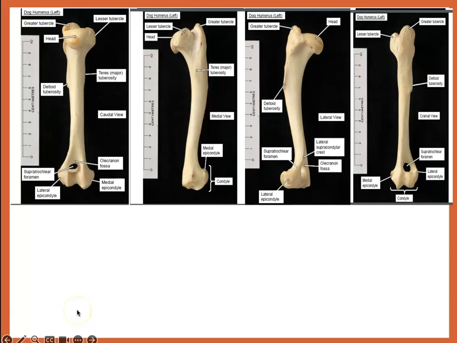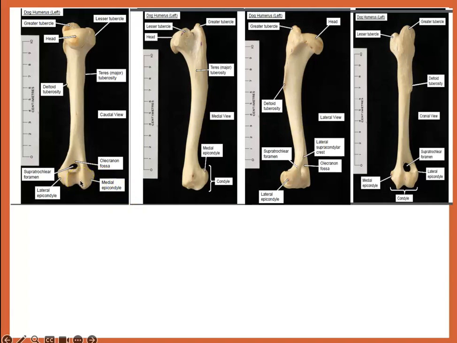If you look at the humerus in the dog, you can see also the head, the trochanters, teres major tuberosity, deltoid tuberosity, and we have also epicondyles.